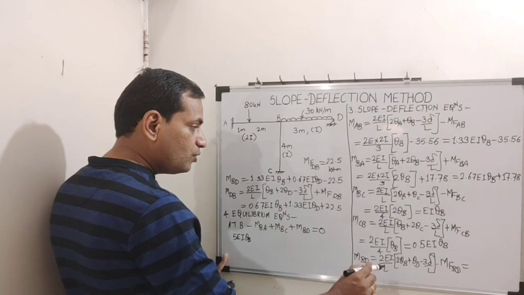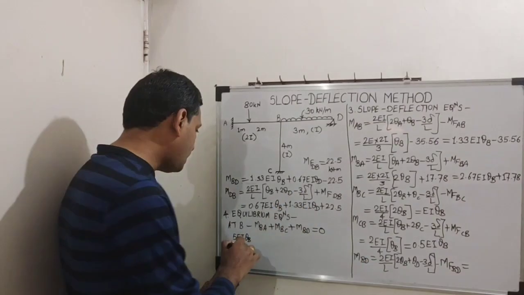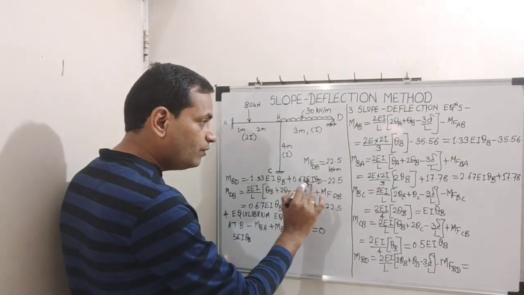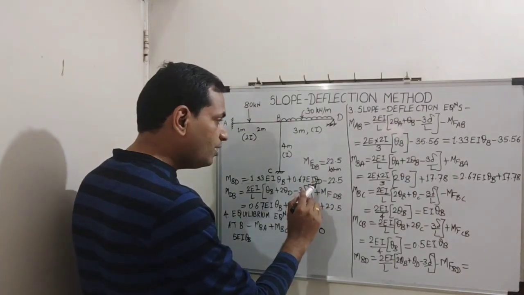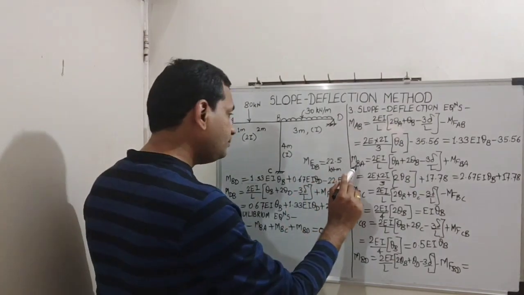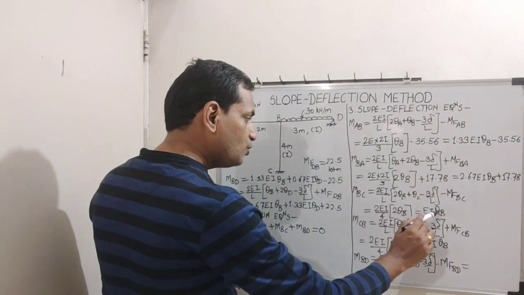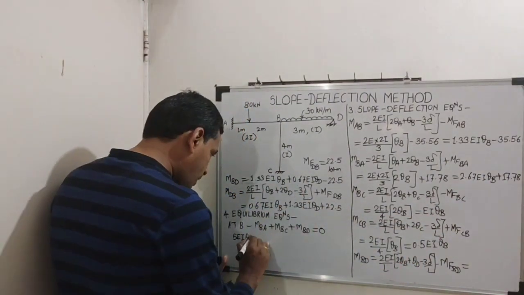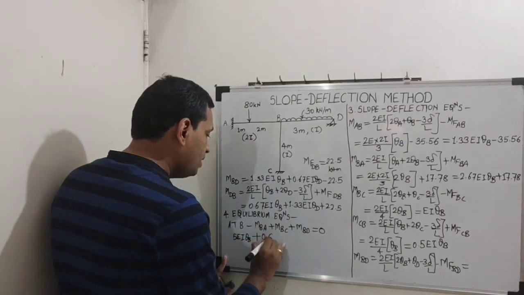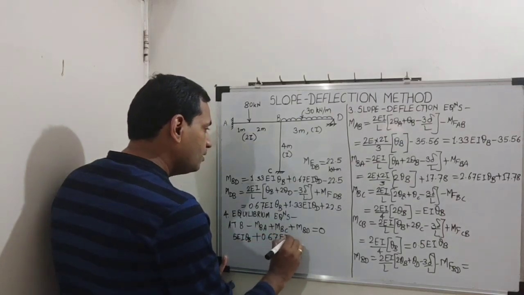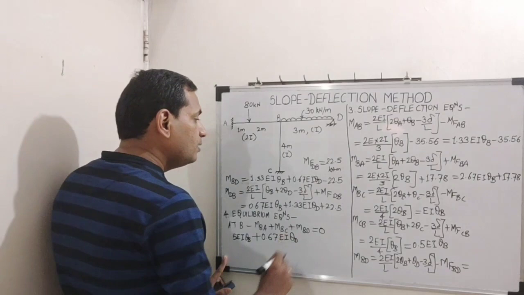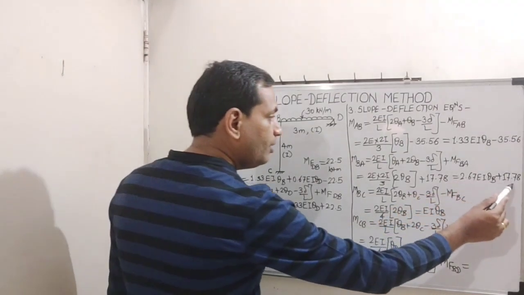Then let us go for theta D coefficients. In MBD we have one term with theta D. In MBA, there is no term. MBC, again there is no term, so only one: 0.67 EI theta D. Then plus 17.78.